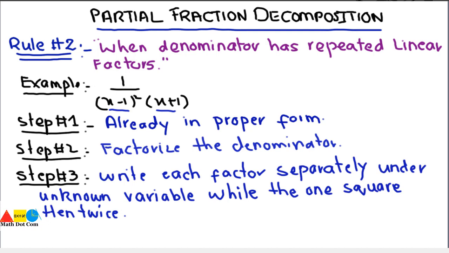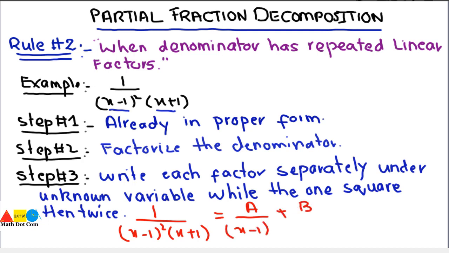Let's see how you can write 1 divided by x minus 1 whole square and x plus 1. It can be written as a divided by x minus 1 plus b divided by x minus 1 whole square plus c divided by x plus 1. This is how you write the factor that is repeating itself, by using an extra variable.